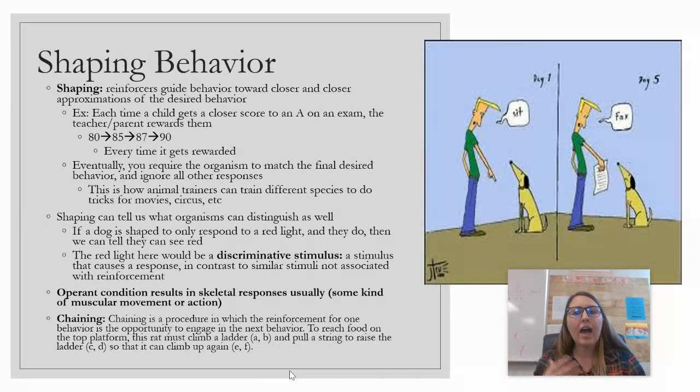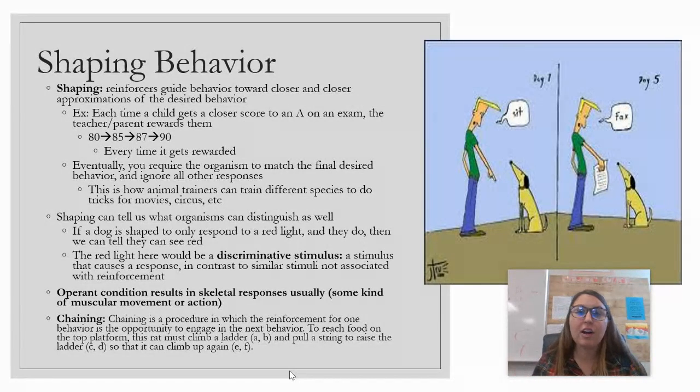With my dog, I had to train my dog how to do the trick of going on her back, the bang bang trick, by first teaching her how to sit. So I first had to teach her how to sit and reward her for that behavior. Then I had to shape her behavior to lay down, train, reward that behavior.